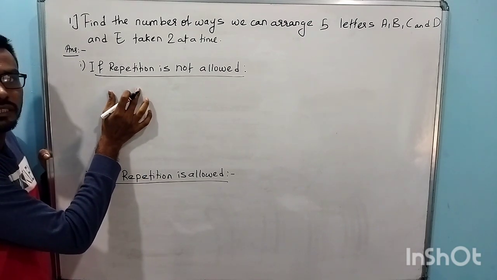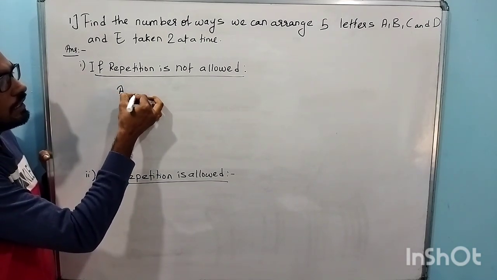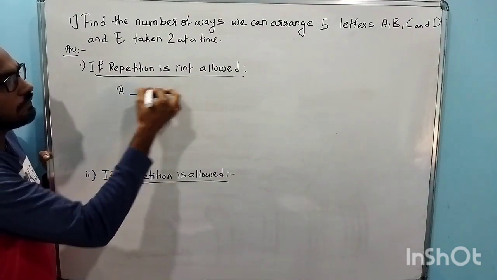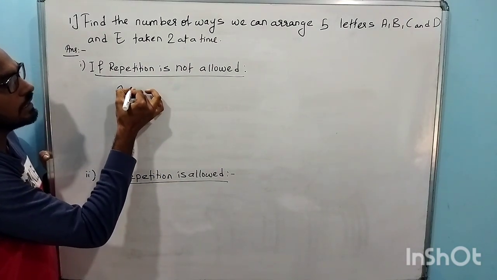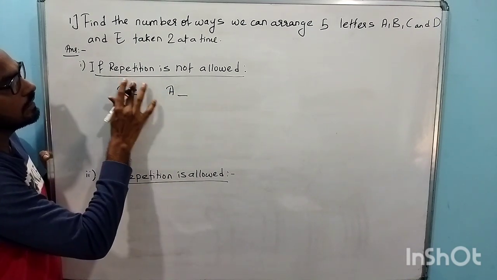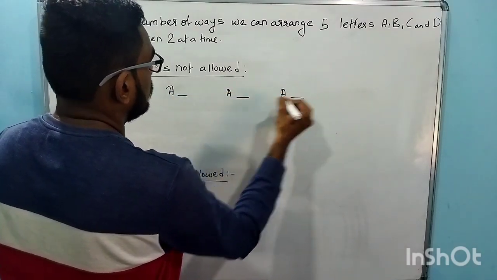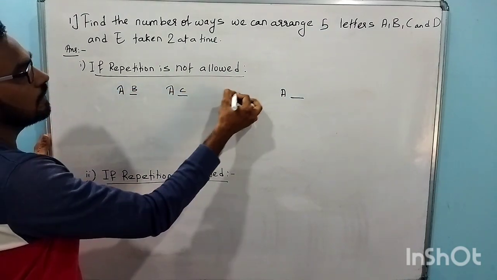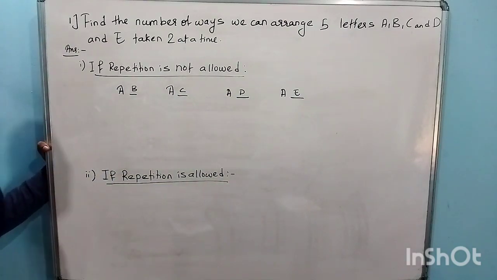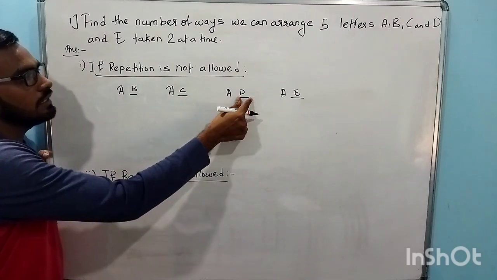If in the first place I take A, then what are the different letters we can take in the second place? Second place can be either B or C or D or E. There are 4 ways. Understood? If the first place is A, then the second place can be filled in 4 ways.